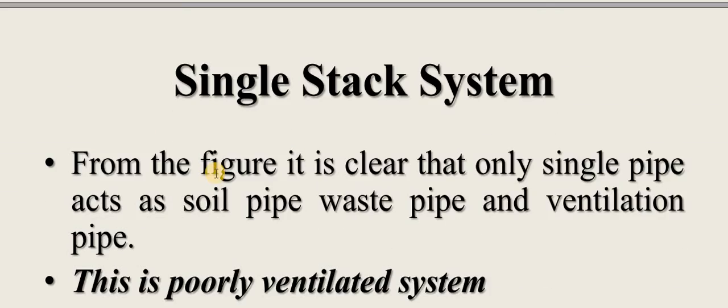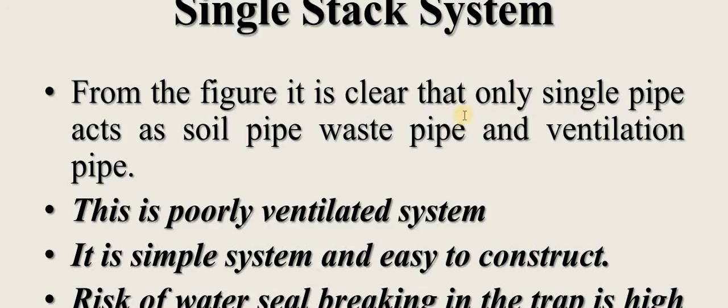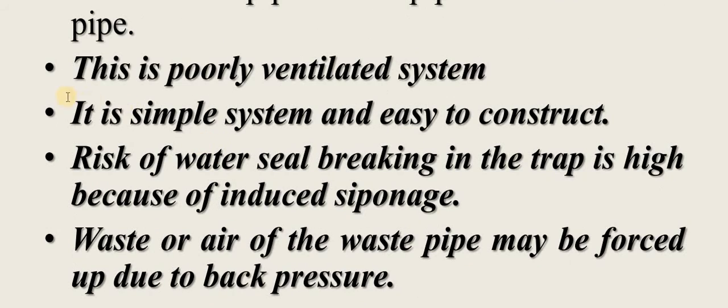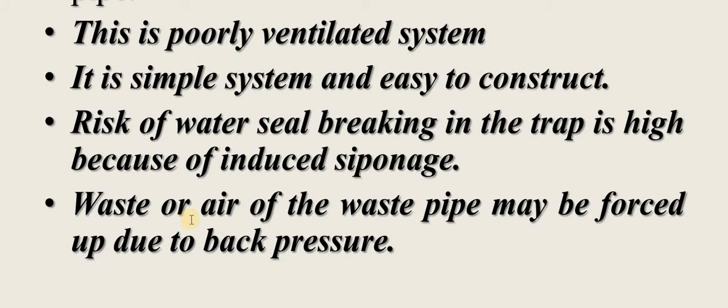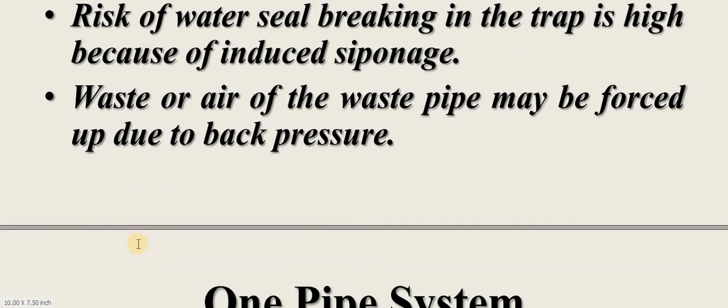Single stack system: from the above figure it is clear that only a single pipe acts as soil pipe, waste pipe and ventilation pipe. This is a poorly ventilated system. It is a simple system and easy to construct. Risk of water seal breaking in the trap is high because of induced siphonage. Waste or air of the waste pipe may be forced up due to back pressure.